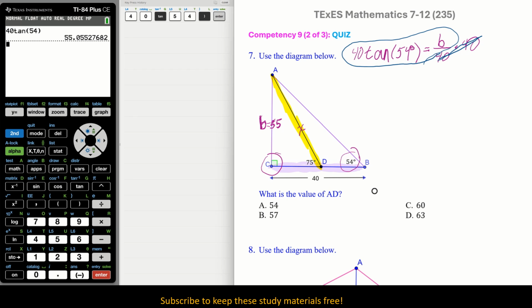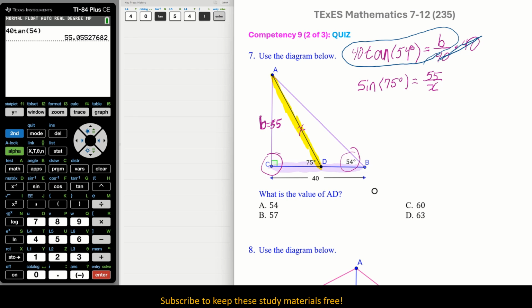Now that we have 55, we use the exact same setup to get X, except we can't use tangent. We're using opposite over the hypotenuse, which is sine. So that gives us sine of 75 degrees equals 55 over the X that we're looking for.